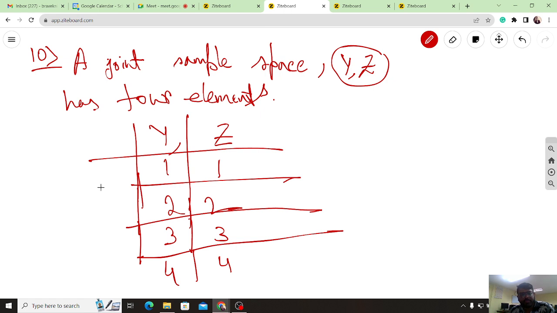And the corresponding probabilities I am writing here, these are the probability values: this is 0.1, this is 0.35, this is 0.05, and this is 0.5.